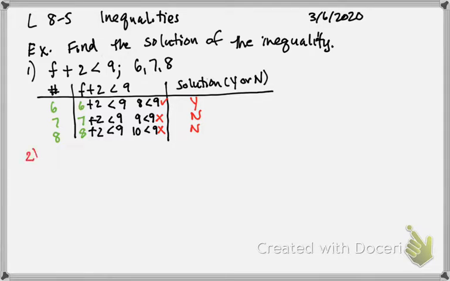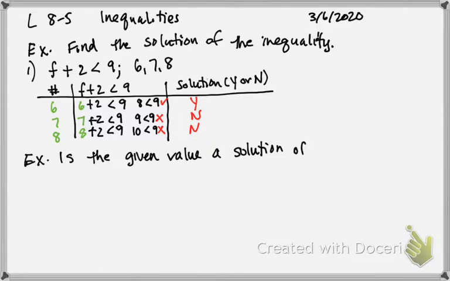All right, let's try another example. Now these have another set of directions. Is the given value a solution of the inequality? Again, we tried this too.